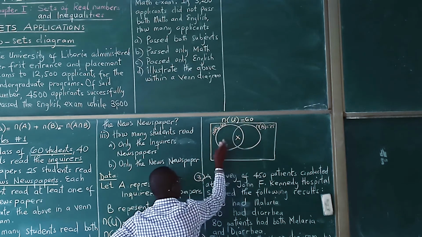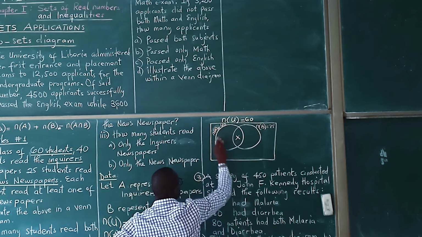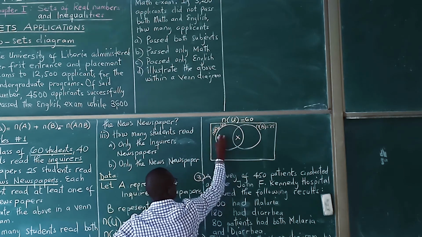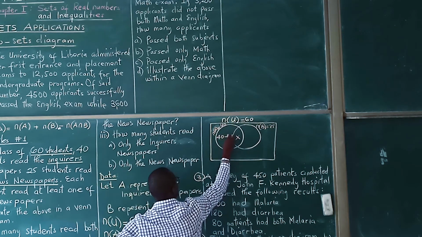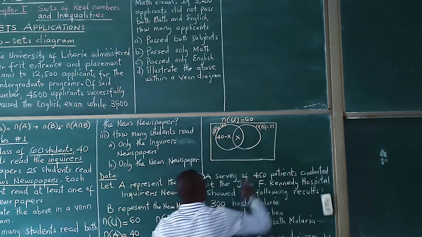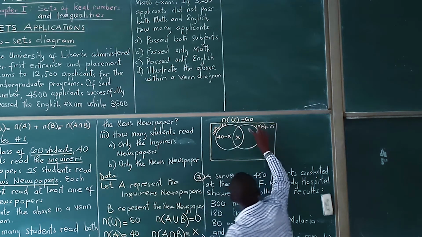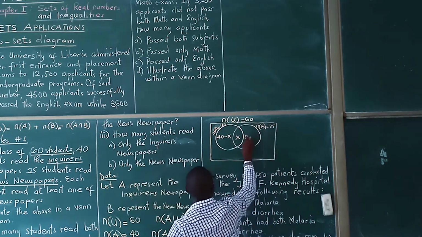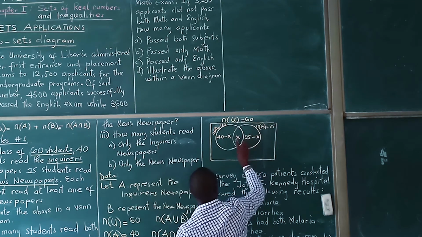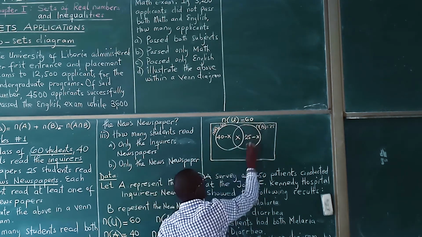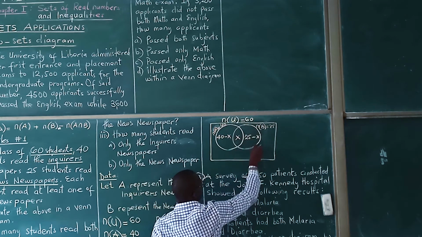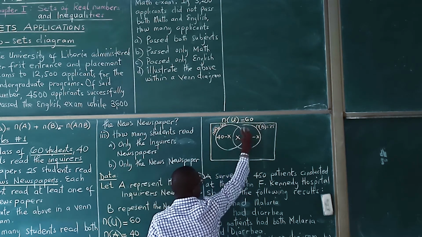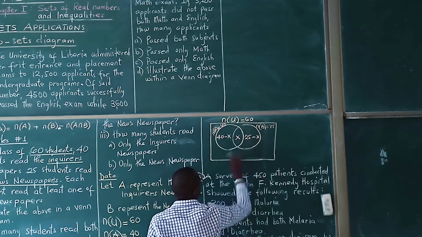So in order to get the portion of students who only read the Inquirer newspapers, we must say 40 minus X. And also, if we want to get the number of students who only read the newspapers, we must say 25 minus X to only get this portion. Because this whole portion here is 25. So if you extract this portion from there, which is X, this portion should be 25 minus X.